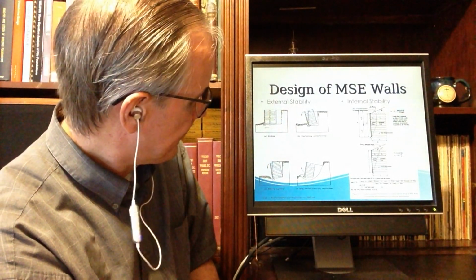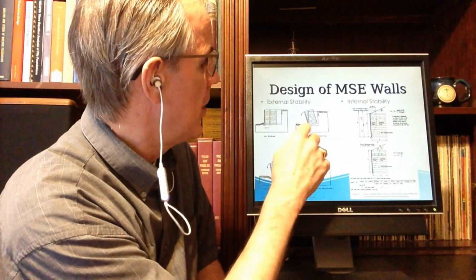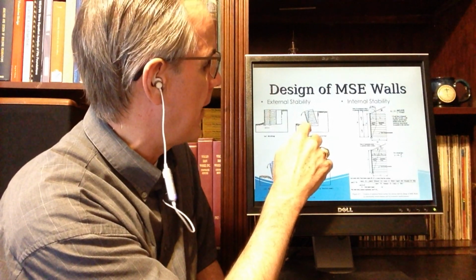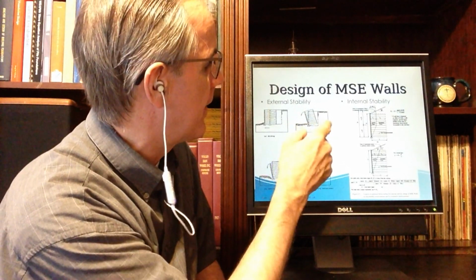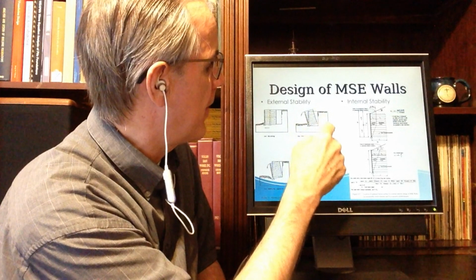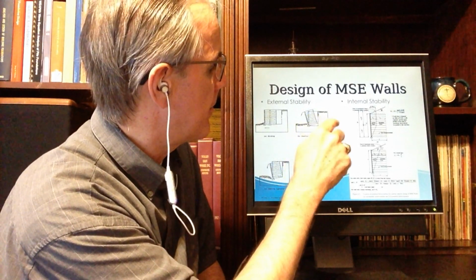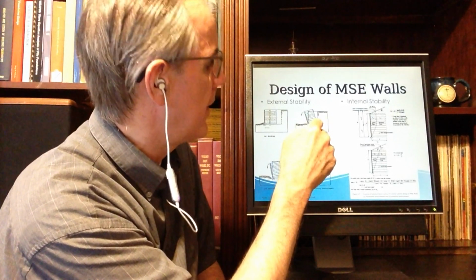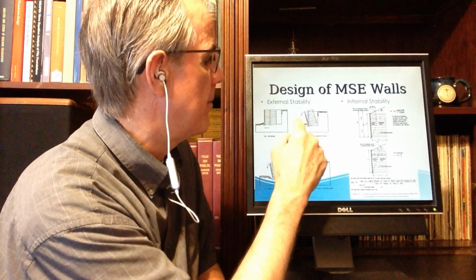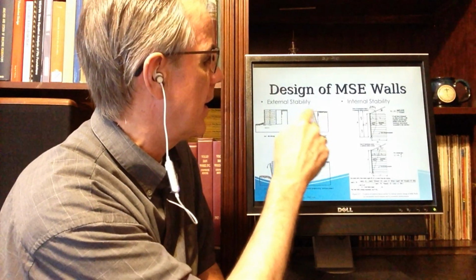With overturning, we normally assume that it pivots about its bearing pad here, and you've got the same problem, only now the retained backfill has a force this way, and it basically tries to overturn this block.